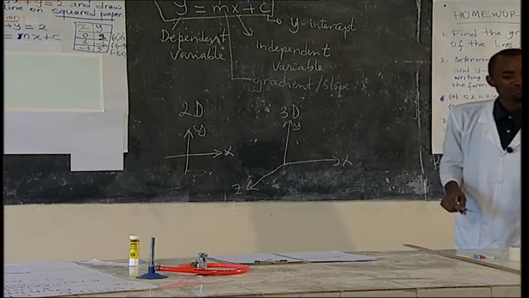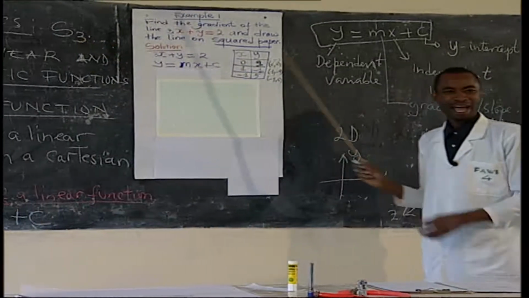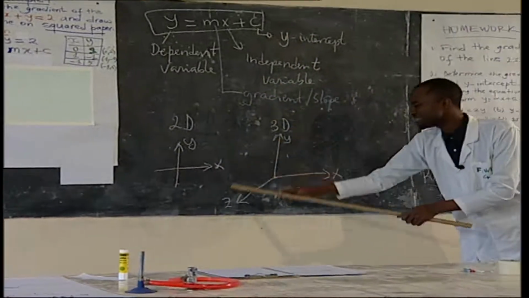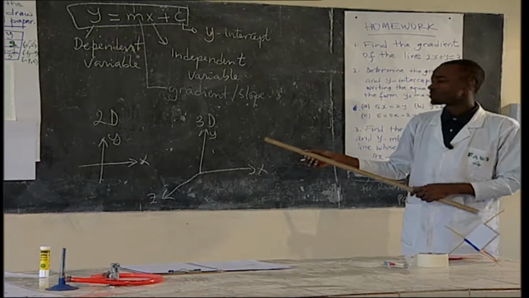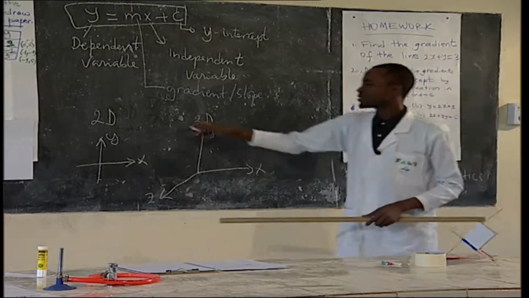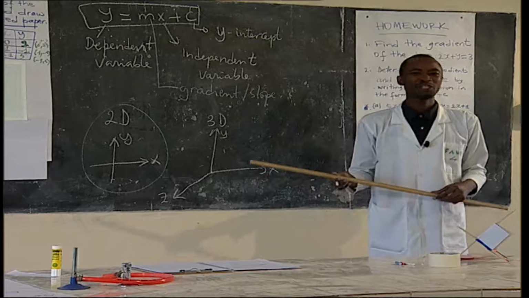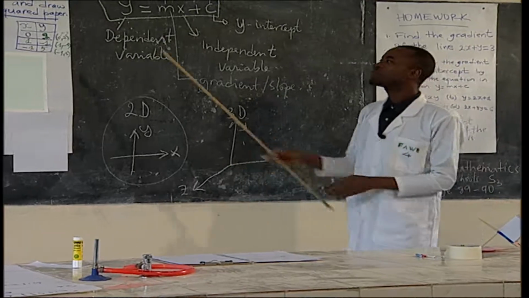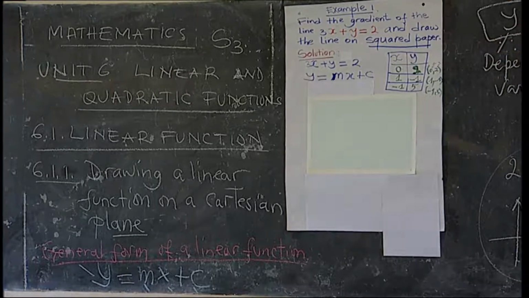But remember, our mathematics is for senior 3s. We don't have to learn more about 3D, because this is taught in advanced classes, especially in a topic called space geometry. Our concern is to look at the 2 dimensions, or the Cartesian plane. Our purpose was to know how to draw this equation on a Cartesian plane.